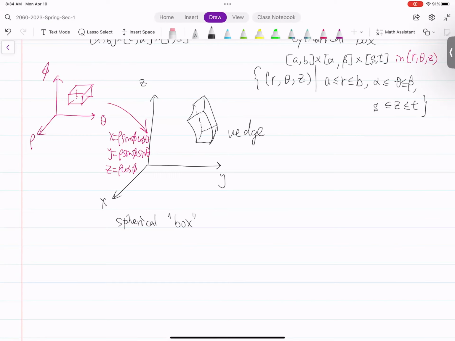So the spherical box, if you think about it, is the exact same kind of formula. Interval crossing interval, but it's in a different coordinate system. It's in rho, theta, phi. Okay.